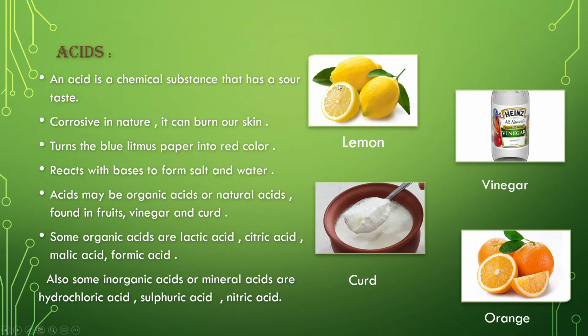You may have noticed that all these food materials have a common feature. What is the common feature? When you eat this type of food, you have noticed that all of them have a sour taste.